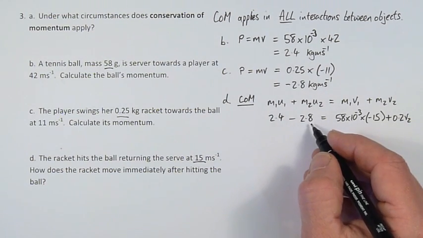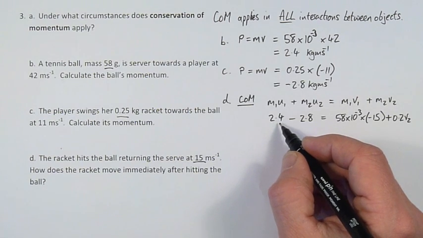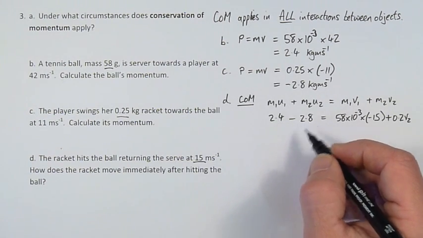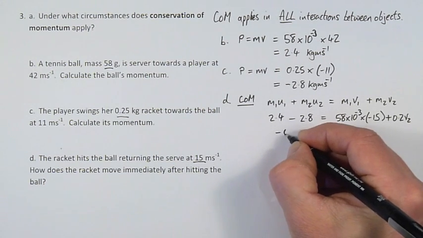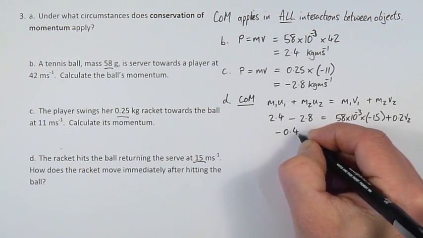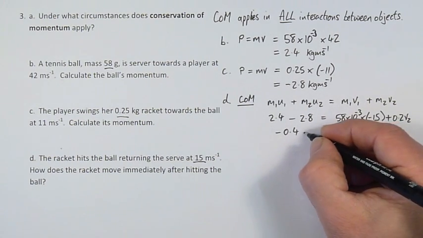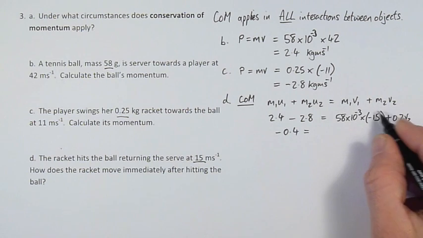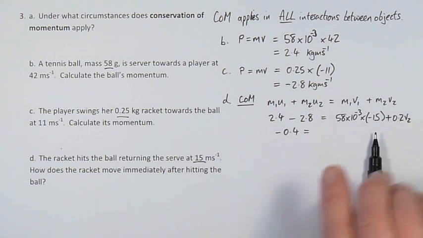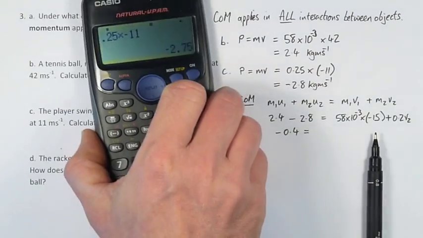So let's just work this out a bit. 2.4 minus 2.8 is minus 0.4. We need to work out this term here, so let's get the calculator on that.